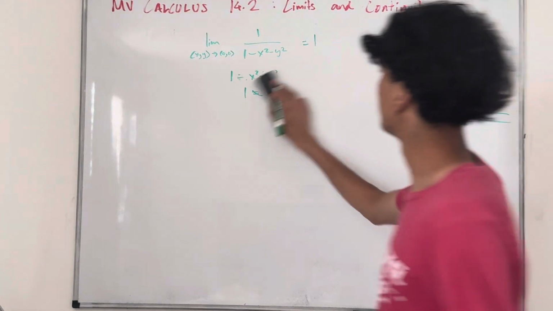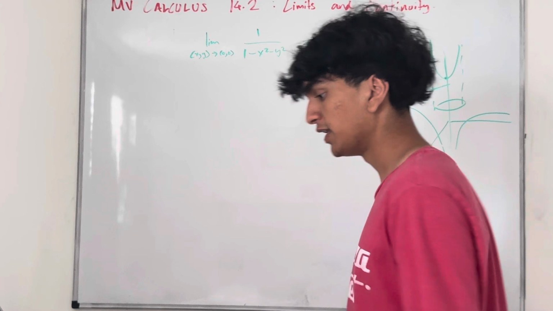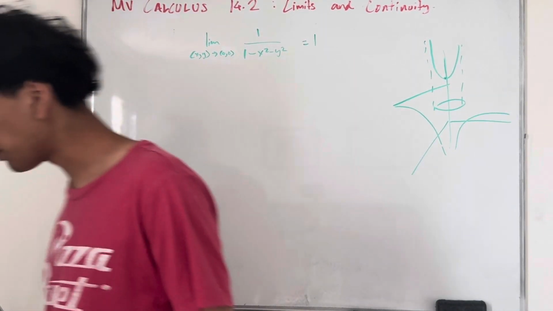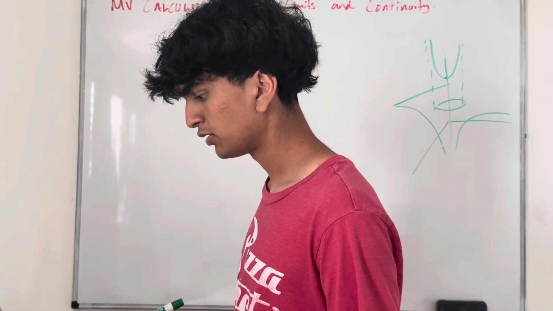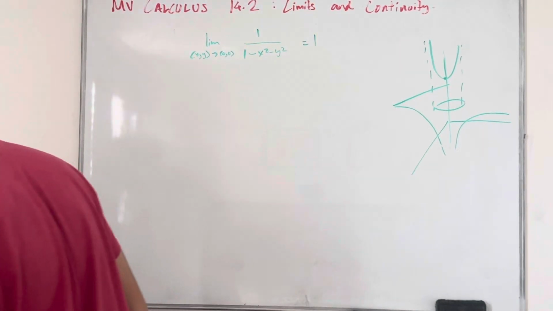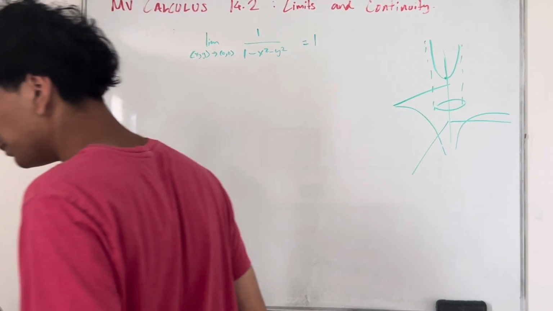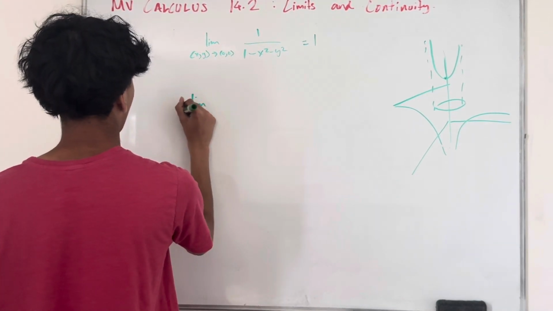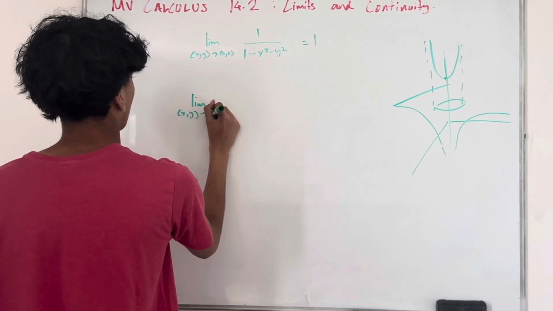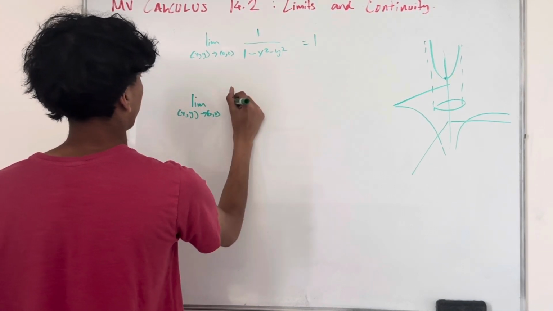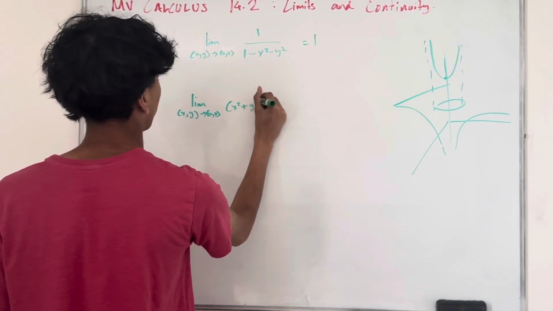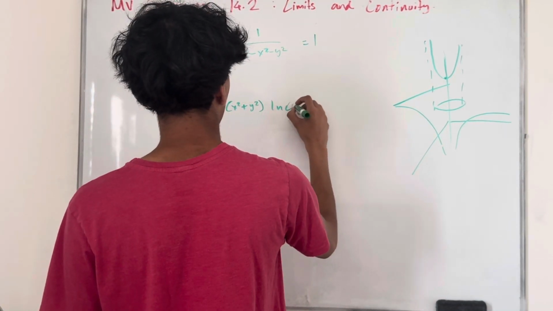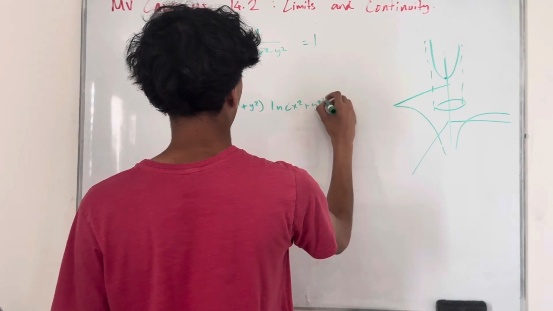Here's another way, actually. Another pretty interesting way to find a limit. Let's say you were taking this limit: the limit as x, y approaches 0, 0 of x squared plus y squared times ln of x squared plus y squared.